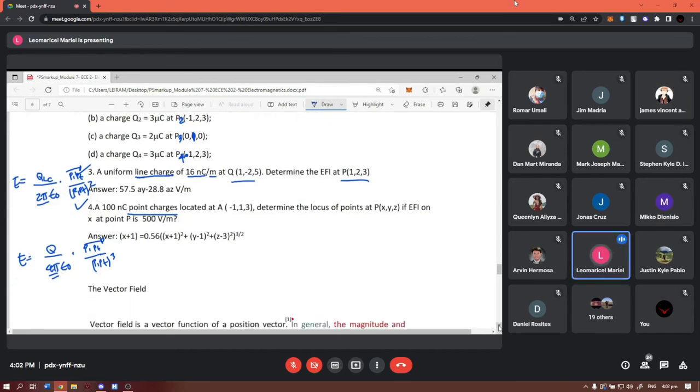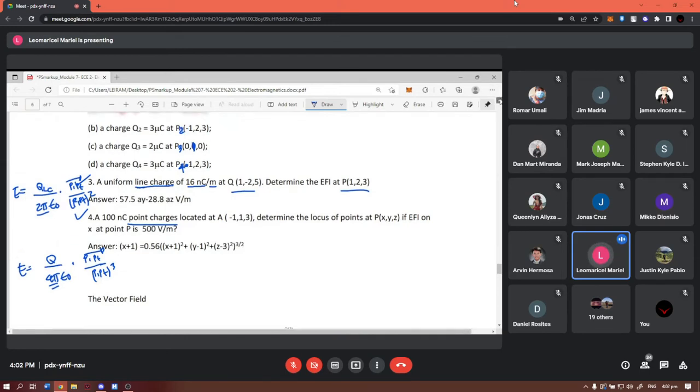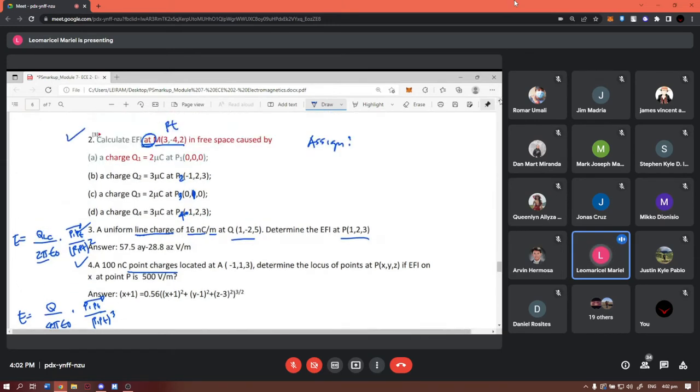Okay, now, let's answer question number 3. Okay, so since kitang-kita naman sa problem, line charge siya, a uniform line charge of 60 nanocoulomb per meter, which is located at 1, -2, 5, determine the E field at, so ibig sabihin, saan tayo kumukuha ng E field? Sa point P. Therefore, andito yung ating test charge.